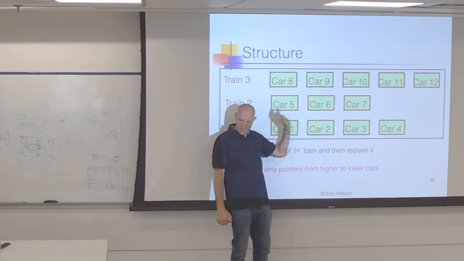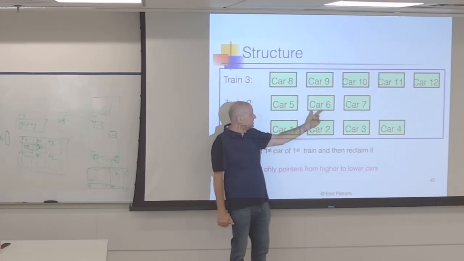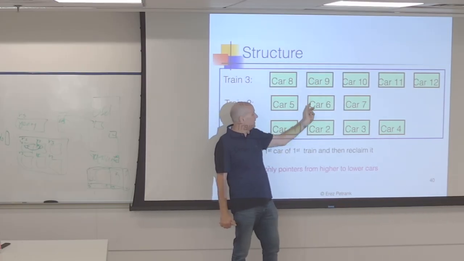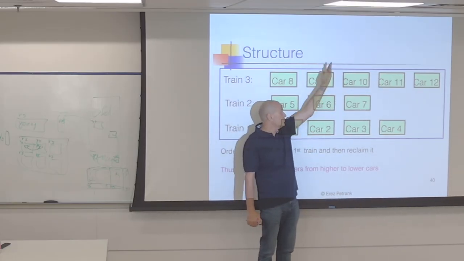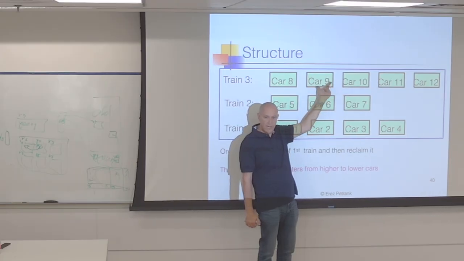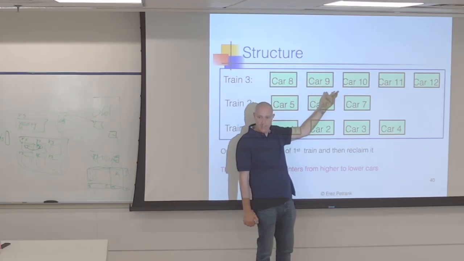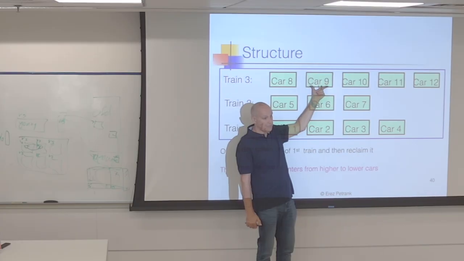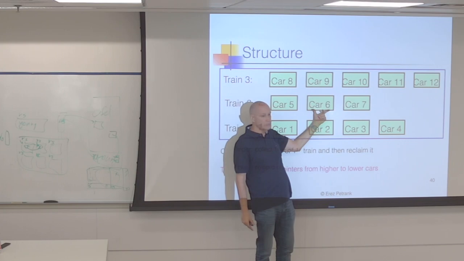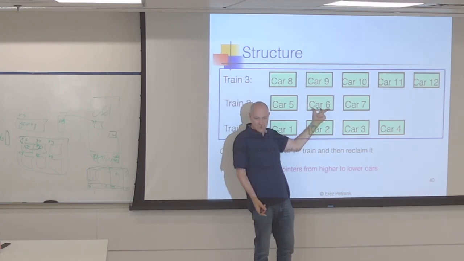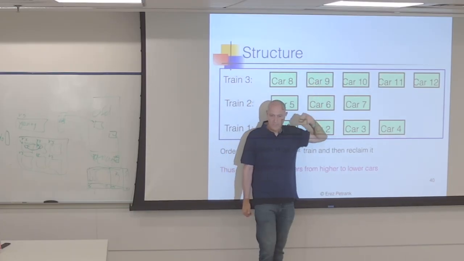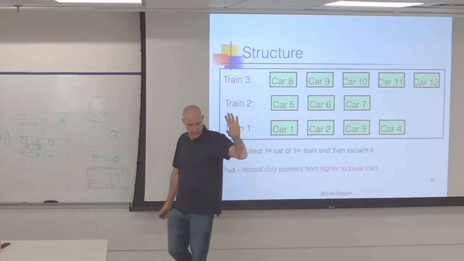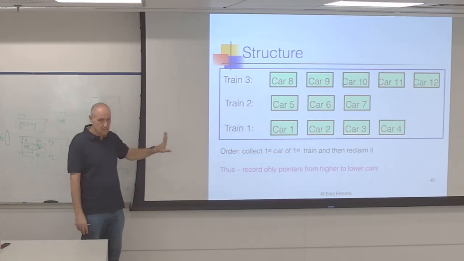Because I'm going according to this order, if there is a pointer from 6 to 9, when I do the collection of 6, it will move out to some higher car, and then I will have to update the remembered sets of 9 adequately to show this pointer. But if there is a pointer from a lower car, I don't need to know it because I'm going to reclaim this car before I reclaim this car. Makes sense?